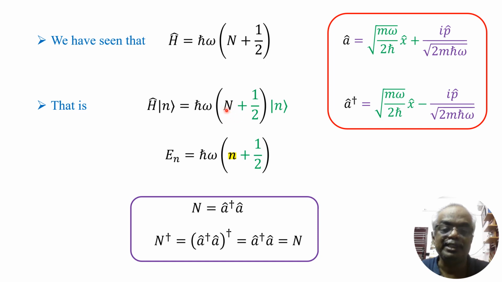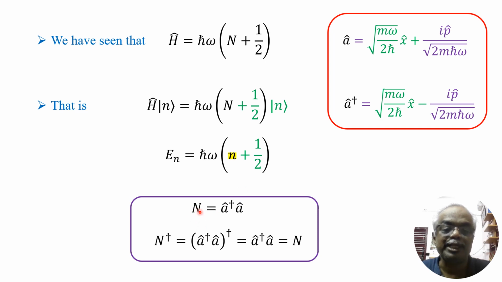So when capital N acts on the ket n, it gives you the eigenvalue n, which I have designated as small n. So this gives the eigenvalue of n plus half, which is equal to the nth energy state, exactly the same as what we obtained using the position and momentum operator.